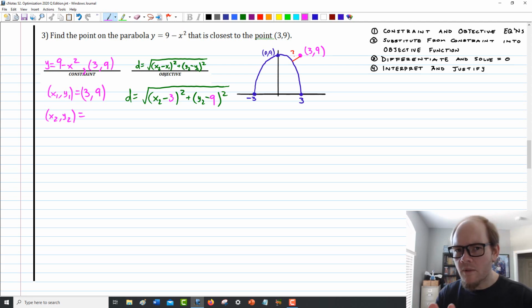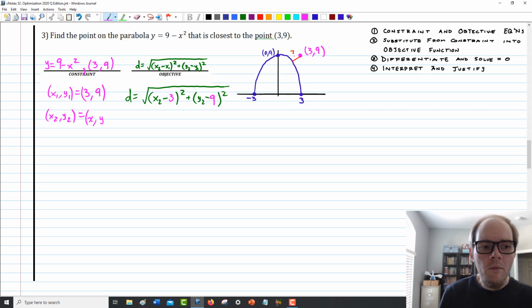As far as our second point, this one's a little more subtle, but basically we need to be on the parabola, so we need to find something that represents any point that's on this parabola. Obviously some of these are bad candidates, but the idea is right. So I'm going to call this other point x comma y. But remember, we said that y is equal to 9 minus x squared. So instead, why don't I just call it x comma 9 minus x squared?